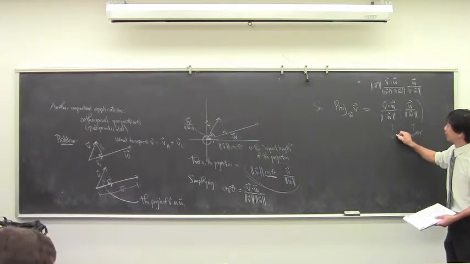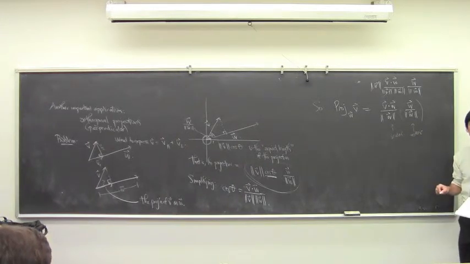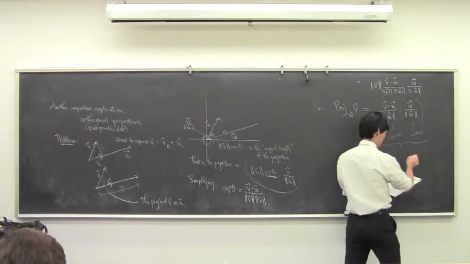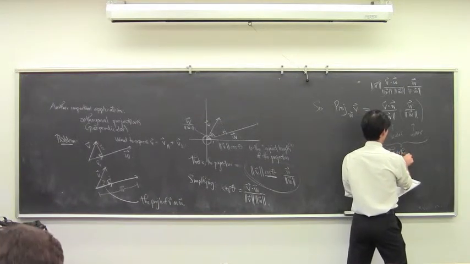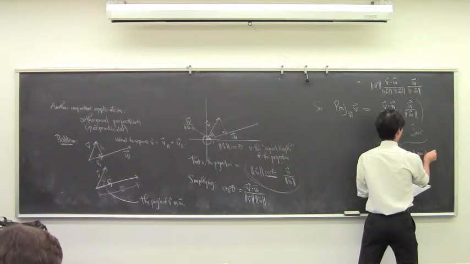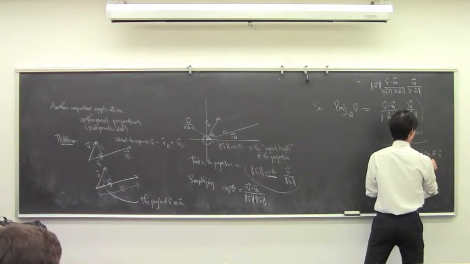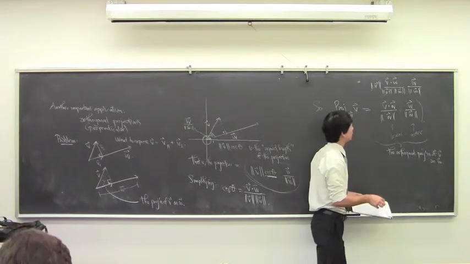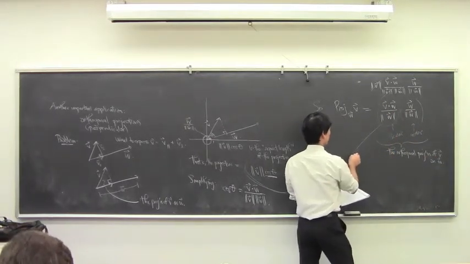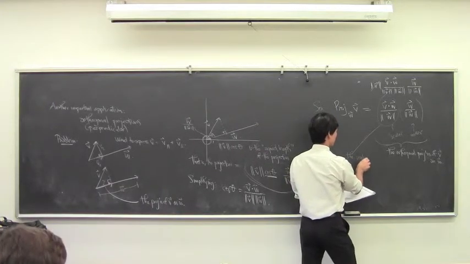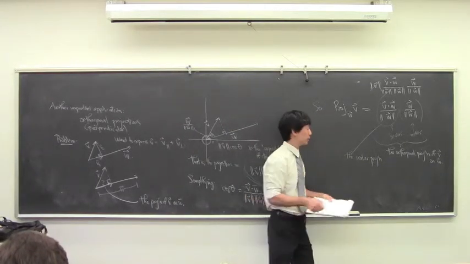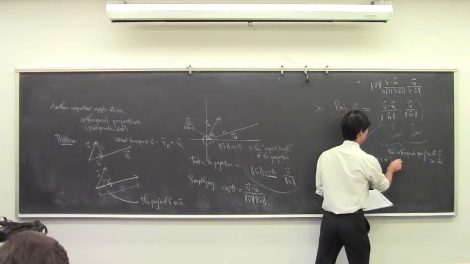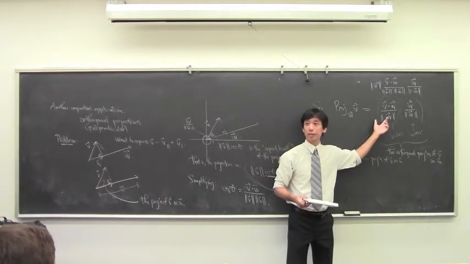Okay. So notice that this is a vector, and this thing here is a scalar. Together, they call it the orthogonal projection of V on W. This thing by itself is called the scalar projection, the scalar projection of V on W. So it's just that number.